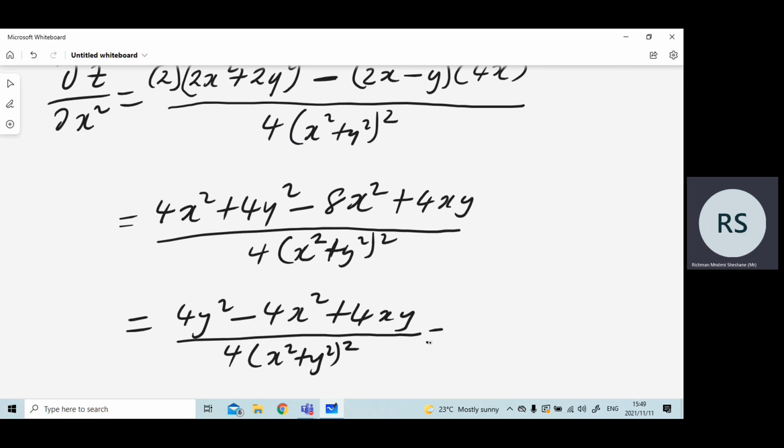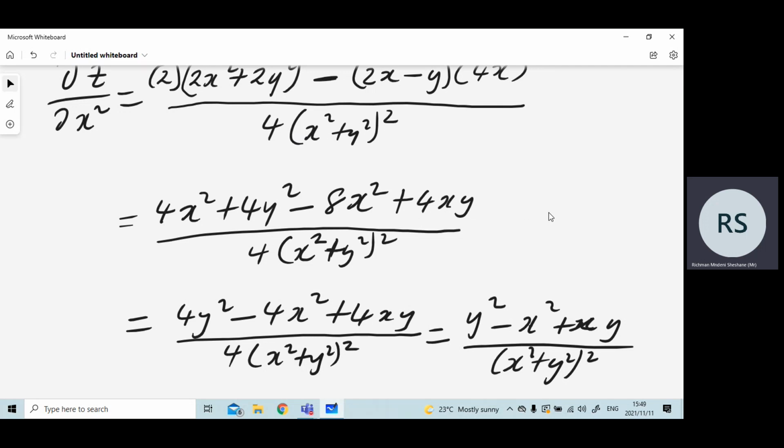We can simplify this further: if I take 4 as a common factor, the 4 cancels with the 4 in the denominator, so I'm left with y squared minus x squared plus xy over x squared plus y squared all squared. This is my second partial derivative with respect to x.